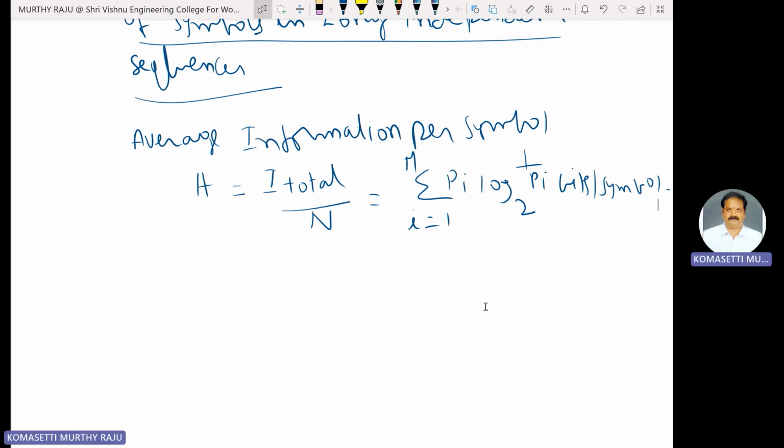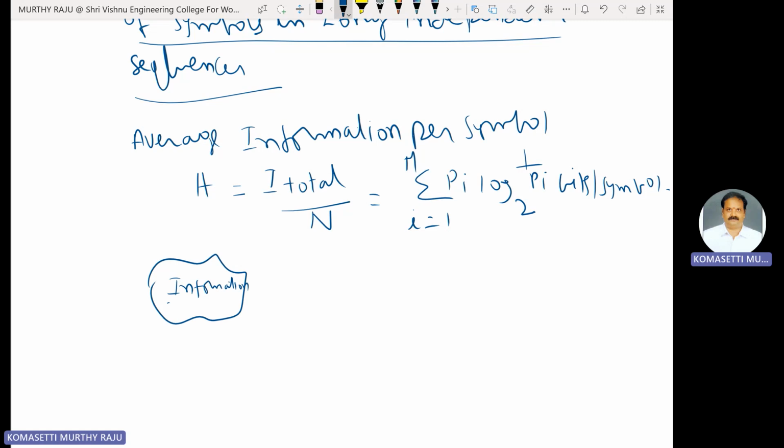Generally, in a practical communication system, we usually transmit a long sequence of symbols from an information source. Thus, we are more interested in the average information that a source produces than the information content of a single symbol. This is the information source.